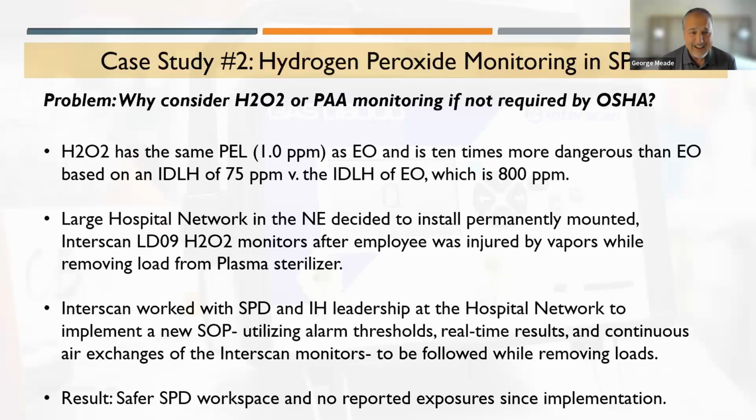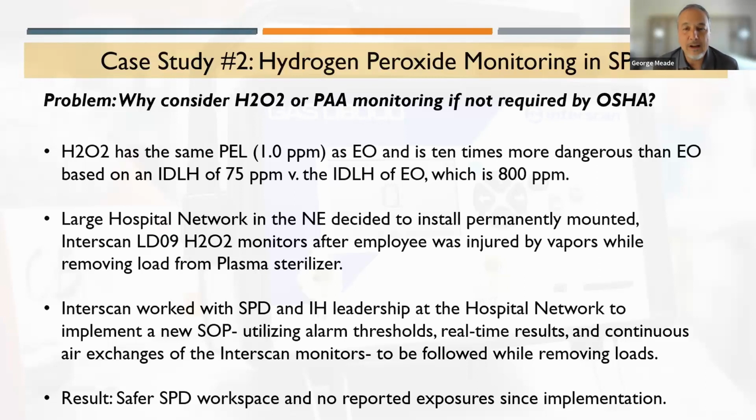Well, in essence, ironically, H2O2 vapor at the concentrations necessary for plasma sterilization has the same PEL, permissible exposure limit, as ETO. It's 1.0 ppm over 8 hours. And the other thing, if you look at the NIOSH reading, which is the IDLH, which stands for immediately dangerous to life and health, H2O2 is actually 10 times more dangerous.